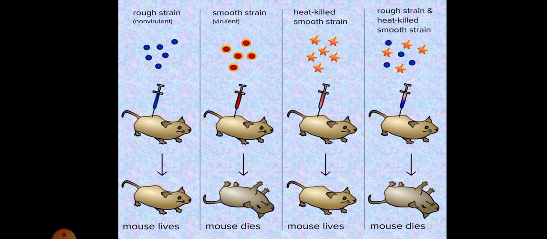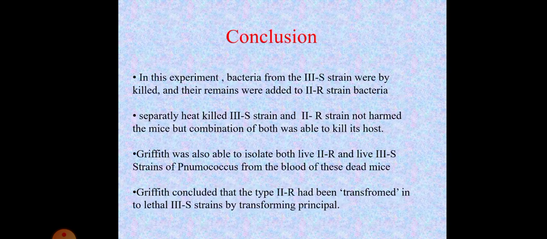So he concluded that after heat is given, the polysaccharide capsule covering is destroyed, and the heat-killed smooth strain becomes non-virulent, so the mice live. Yet when the heat-killed smooth strain and the rough strain, both non-virulent, were given together to healthy mice, the mice died.